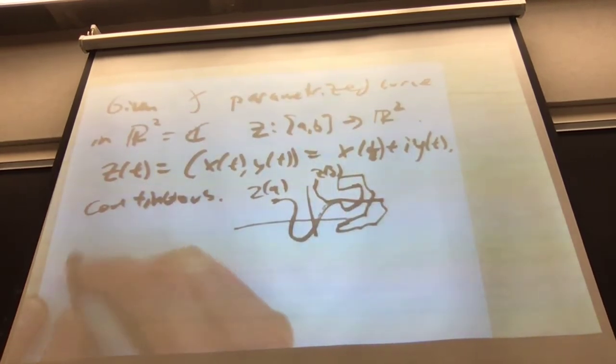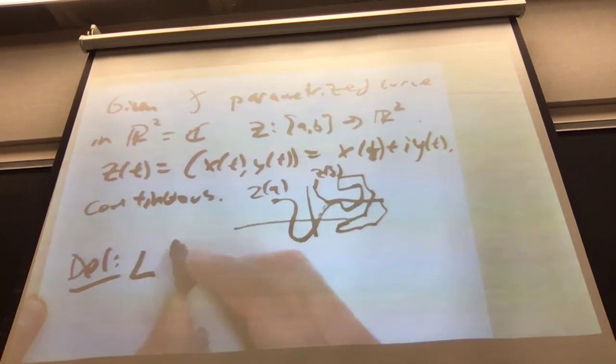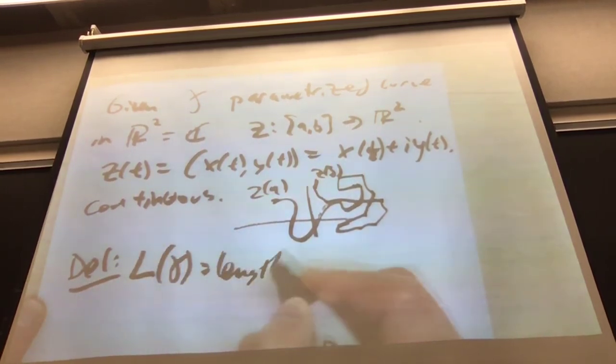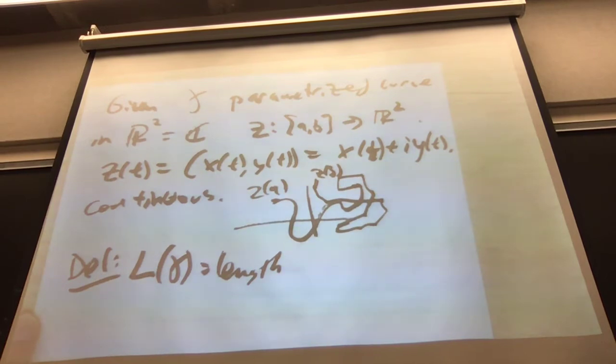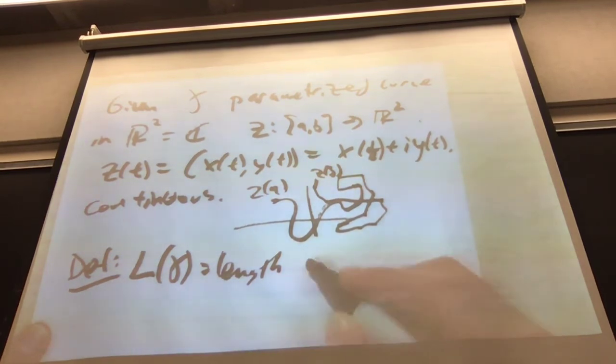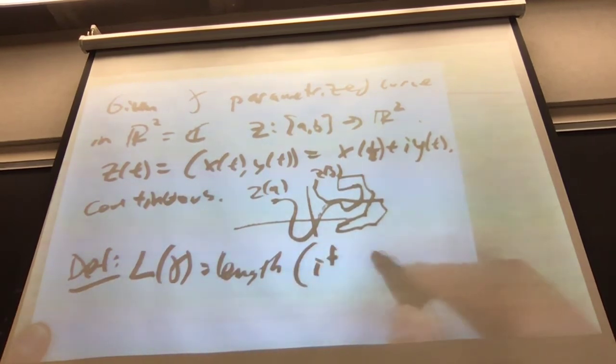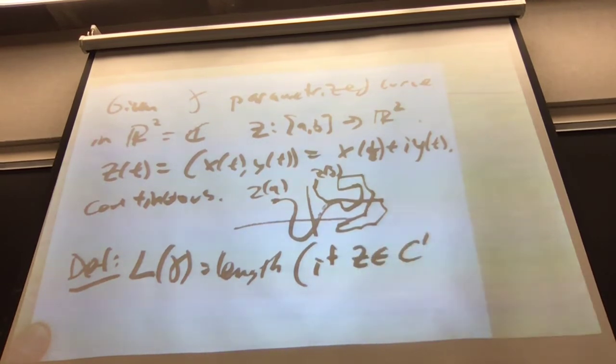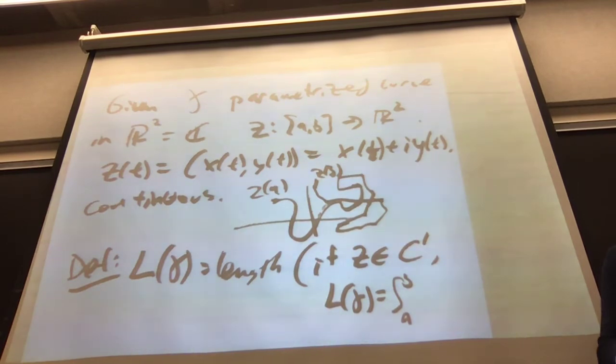So, definition: the length of gamma. Well, how do you want to measure length? If gamma was continuously differentiable, then it would be nice. So, as an aside, pre-length: if z is continuously differentiable, you could define the length as the integral from a to b of the infinitesimal slope.